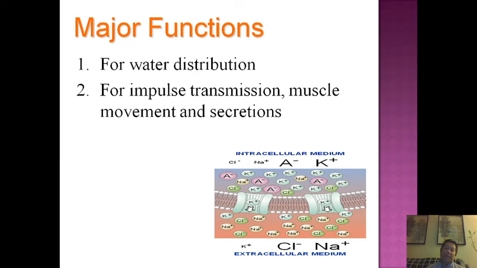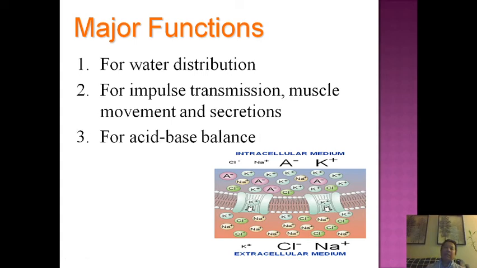You have positively charged cations and negatively charged anions that can cause reactions and create impulse transmission by conducting electrical impulses, leading to muscle movement and function of certain cells, leading to secretions of certain hormones and enzymes as well.